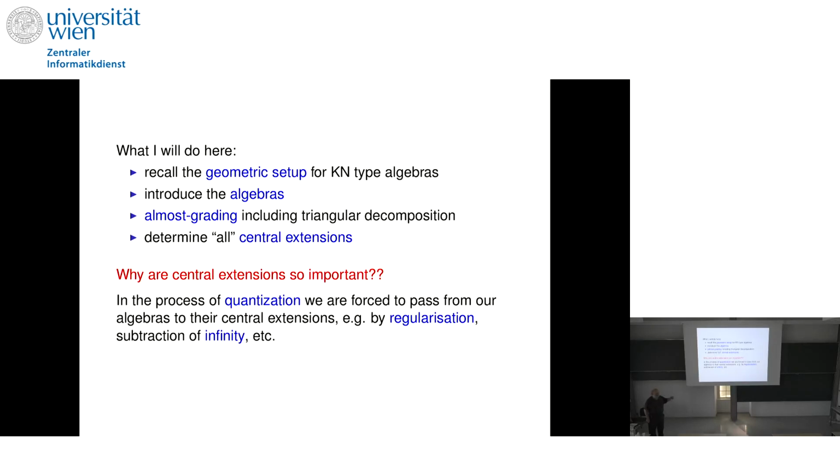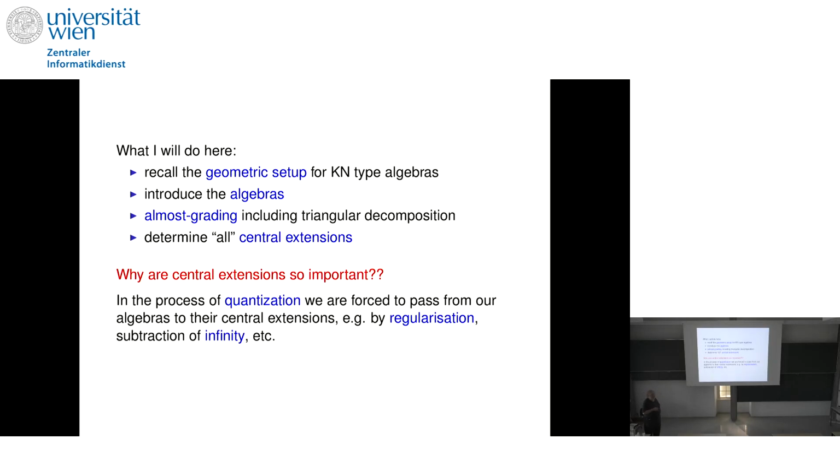To construct the representations which show up by the quantization procedure, we have to pass from the Witt algebra to the Virasoro algebra. And this is of course also necessary in this general context. Regularization, subtraction of infinity, is in some sense everything the same. So for this, we will need it.